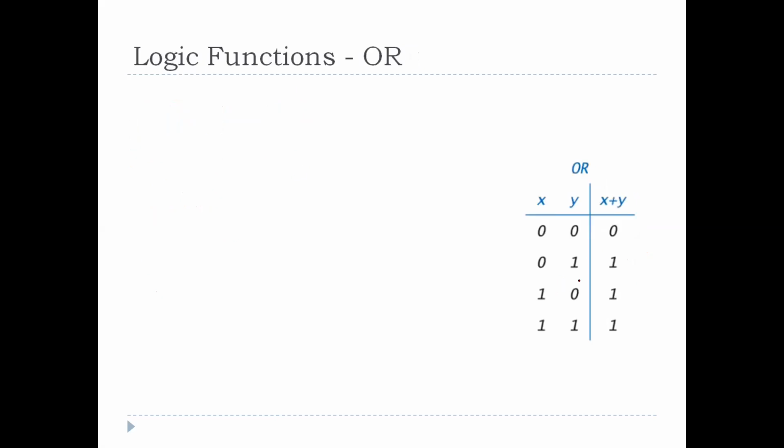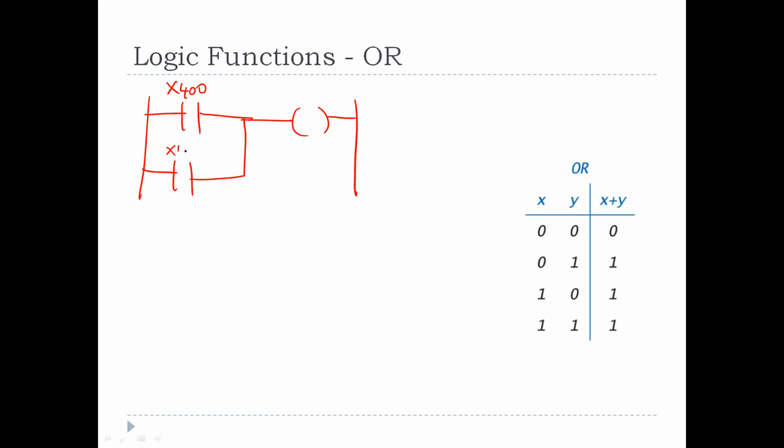For OR logic, even if one input is present, I'll get an output. So for those, you need to connect two switches in parallel. Here, for the first case, both are 0 and 0.